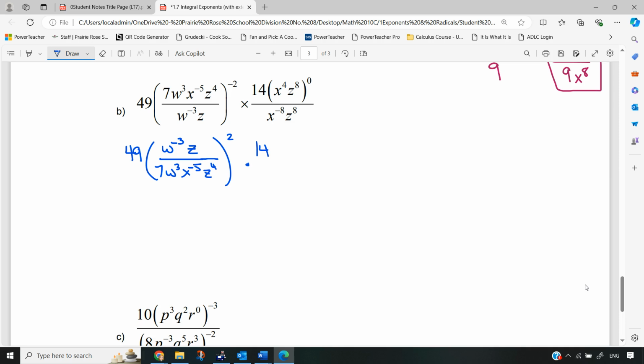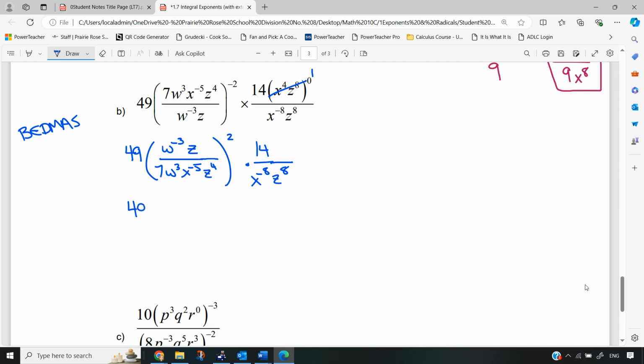X to the 4th, z to the 8 is all put to the exponent of 0, so that is equivalent to 1. So I don't need to do anything with that. And then on the bottom, I have x to the negative 8, z to the 8. Again, I don't want to worry about those negative exponents until my last step. So we're going to do some distribution. Remember, with order of operations, we have to deal with brackets first, then exponents, then multiplying and dividing, and then adding and subtracting.